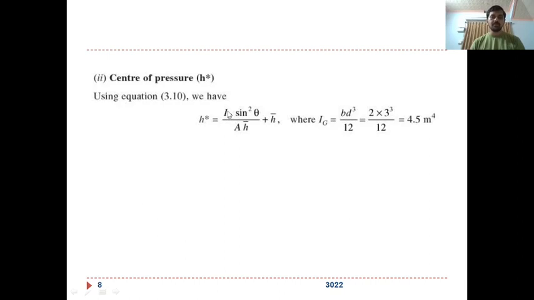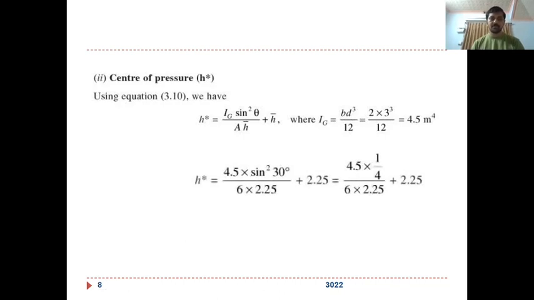Ig you need to find out for a rectangular plane surface, which is BD cube by 12. So you should take B and D properly. B is the width and D is the depth. So when you substitute, you will get H star as 2.3333 meters. Okay.